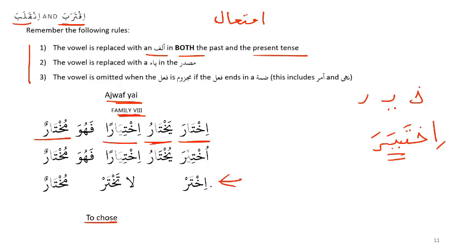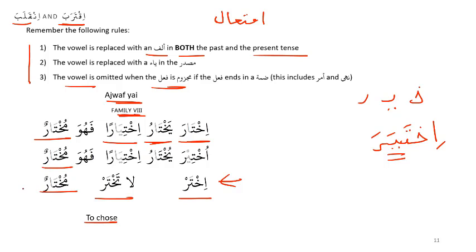And then this is the command. The same thing happens with the command. Notice that the ya, the middle letter, the illat letter, is dropped. So ikhtar, la takhtar, and mukhtar is the zarf.